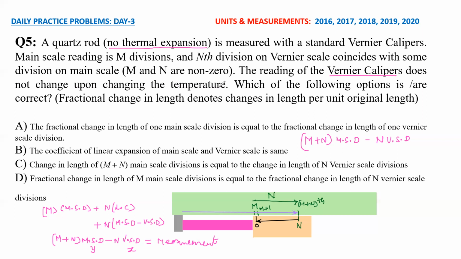If the measurement should not change with temperature, it is quite obvious that we can write (m plus n) into delta y is equal to n into delta x, because delta of measurement is 0. And therefore, the change in length of m plus n main scale divisions is equal to the change in length of n vernier scale divisions. That should be the condition in order for us to have the same measurement all the time. I hope you understood this.